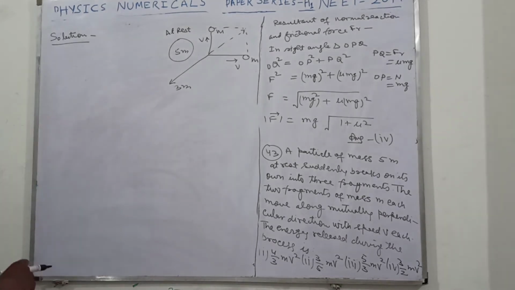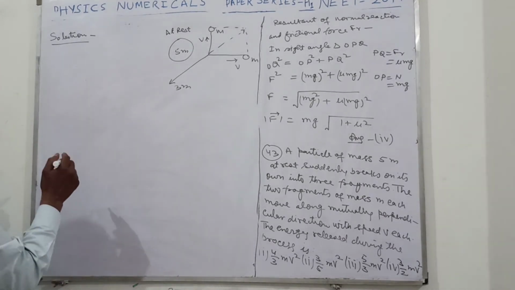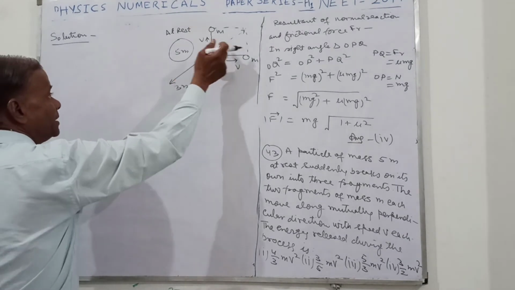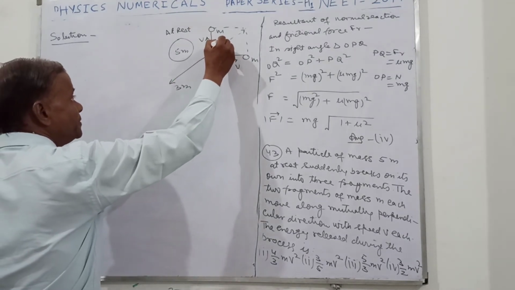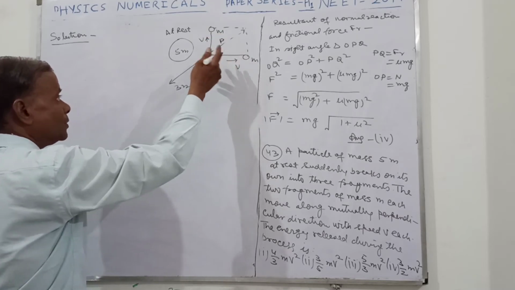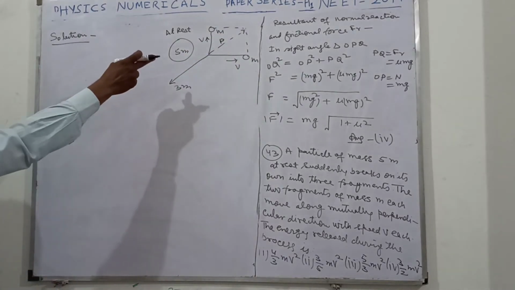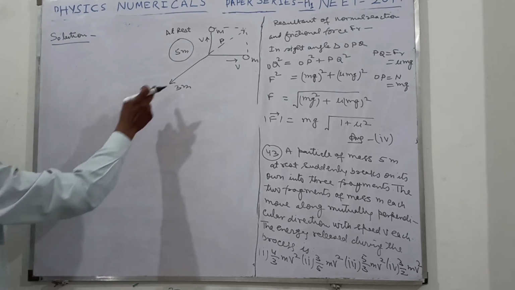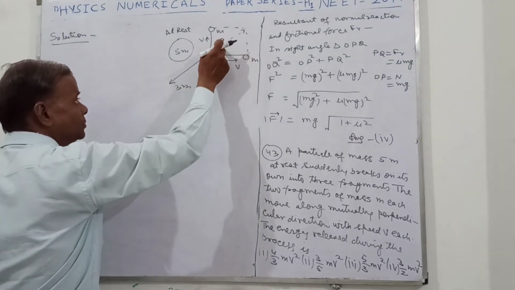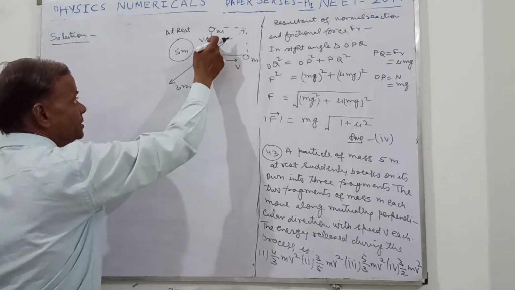Now you can see that for these 2 particles, suppose the resultant momentum is p. This is a right angle triangle, so p square equals the sum of the squares.